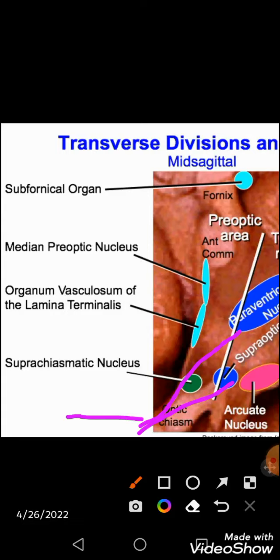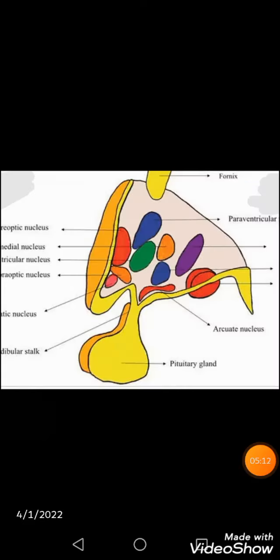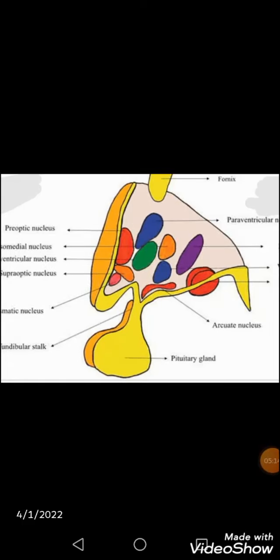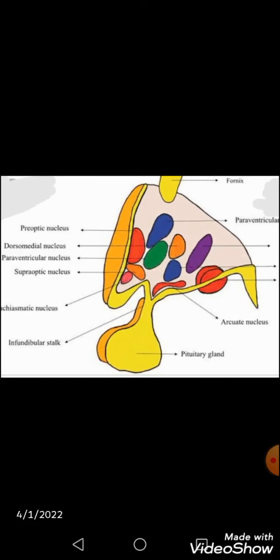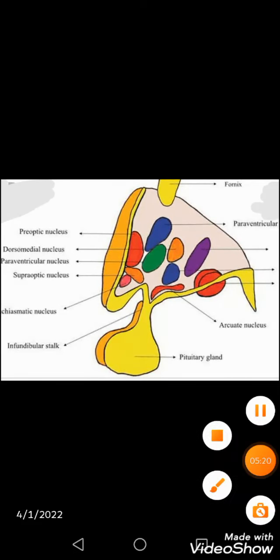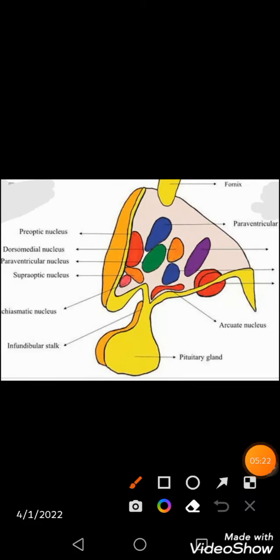These nuclei are located in the medial zone. Two other nuclei, the ventromedial and dorsomedial nuclei, are also a part of the medial zone. Let me mark them. This one is the dorsomedial nucleus and this one is the ventromedial nucleus. They are also present along with the preoptic, paraventricular, supraoptic and suprachiasmatic, right?